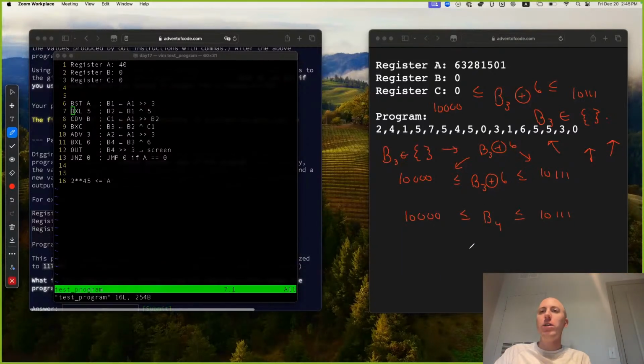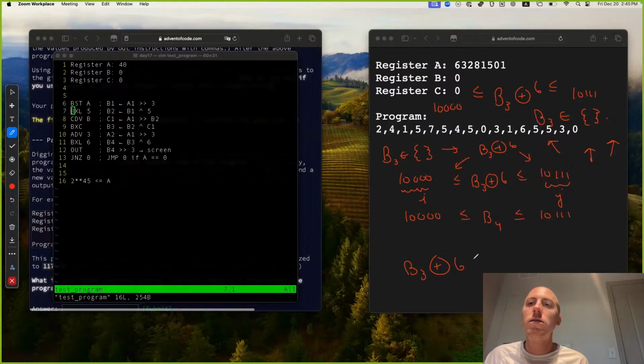I mean, if we just want to brute force it, we would iterate over all these numbers, from I up to J. We would say, all right, B3 XORed with 6 is equal to this number here.